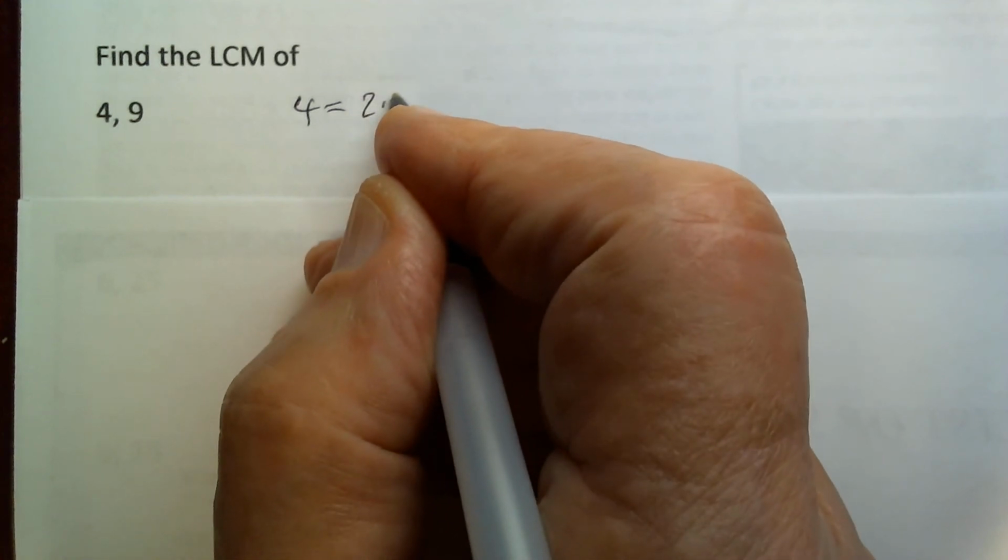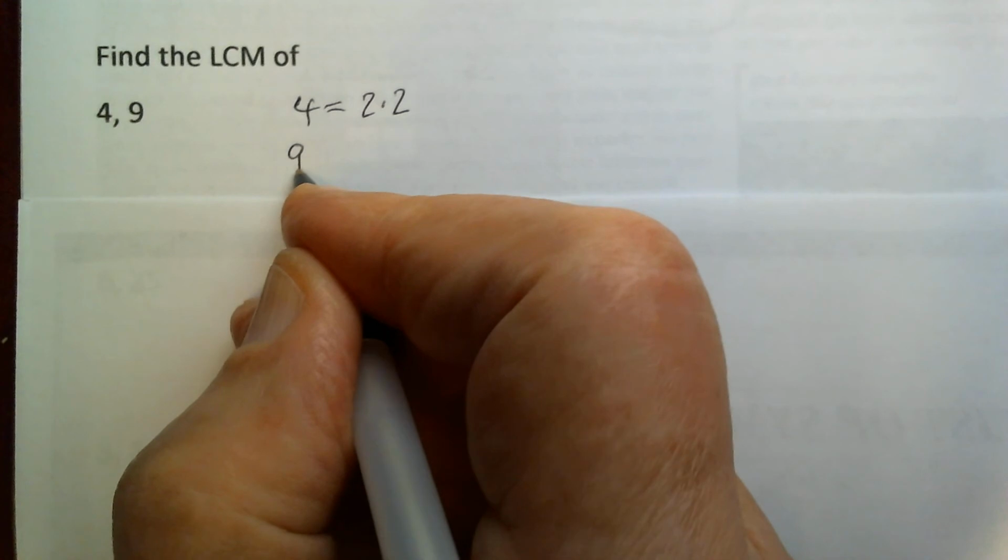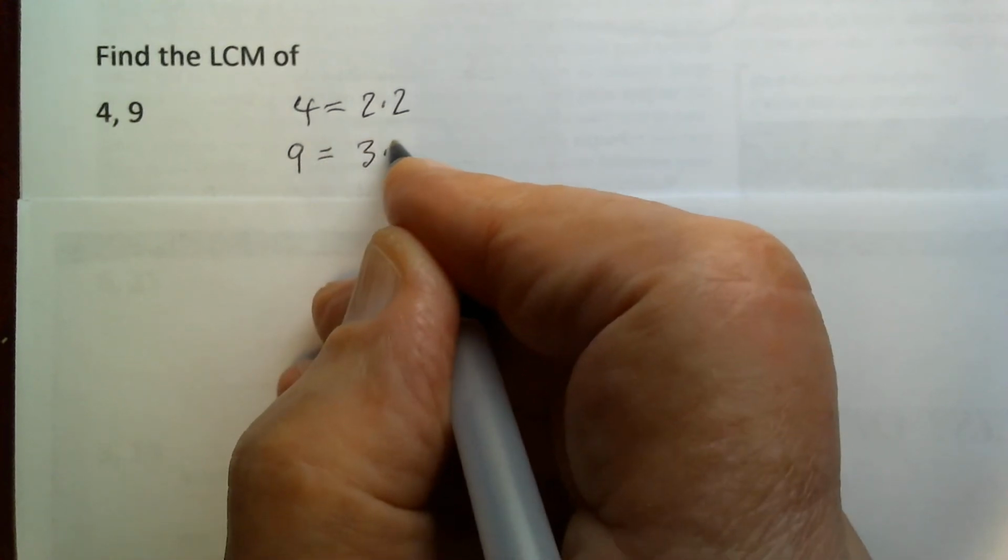So finding the LCM of 4 and 9, the prime factorization of 4 is equal to 2 times 2, and the prime factorization of 9 is 3 times 3.